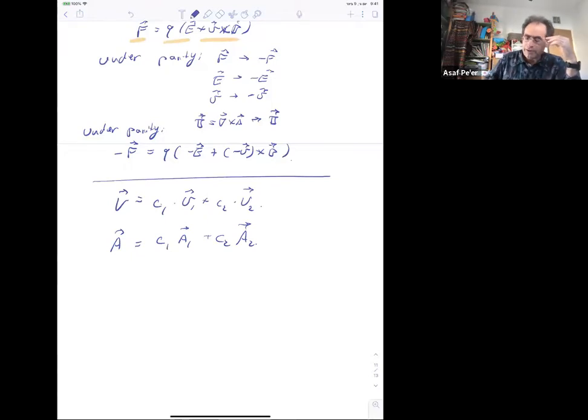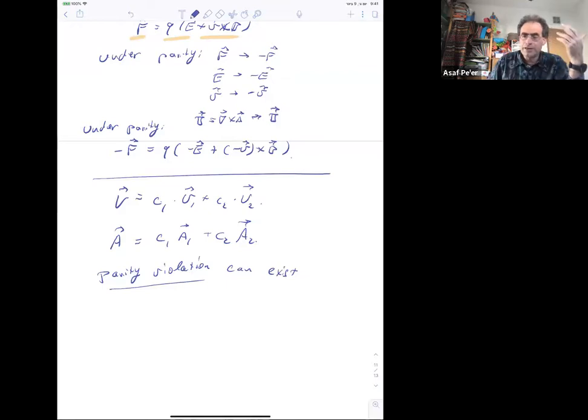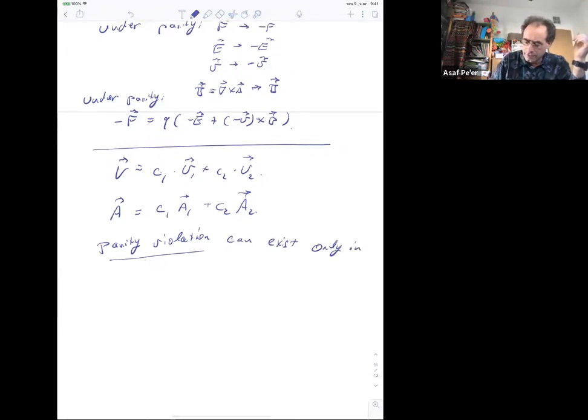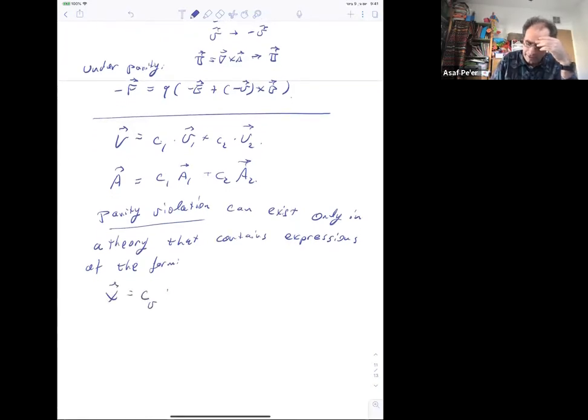Of course, what we call parity violation can exist only in a theory that contains expressions which mix the vectors and axial vectors, expressions of the form X equals some constant CV times a vector V, plus another constant CA times an axial vector A. Makes sense, right?